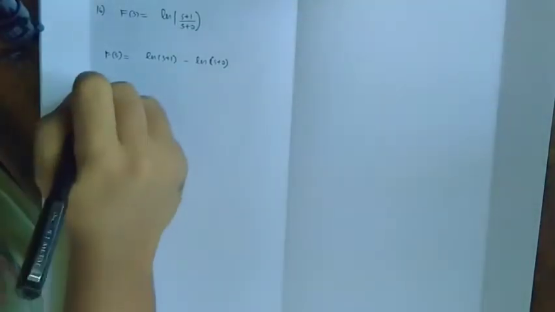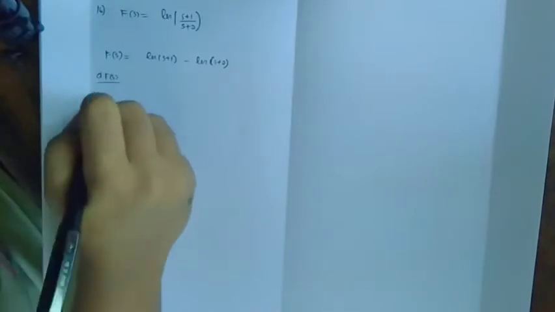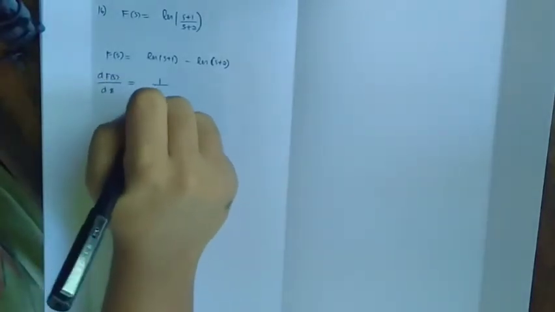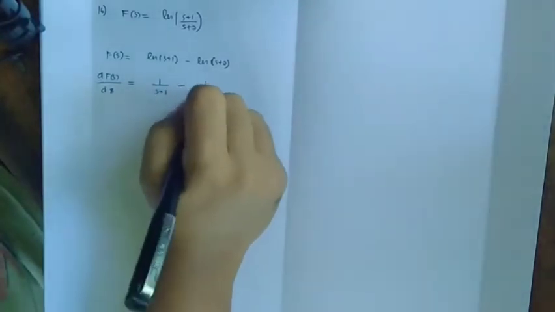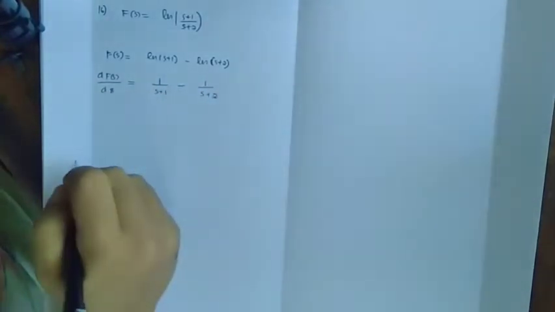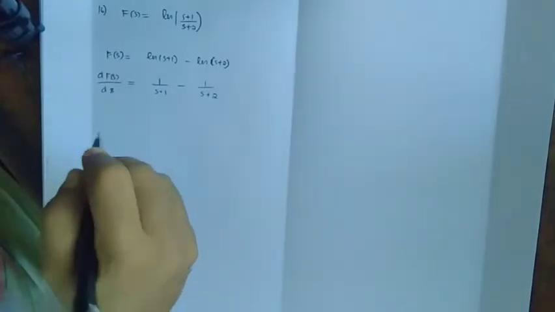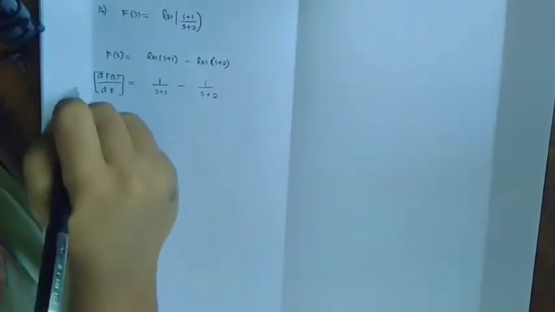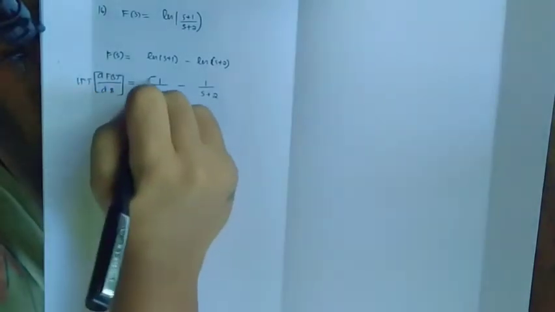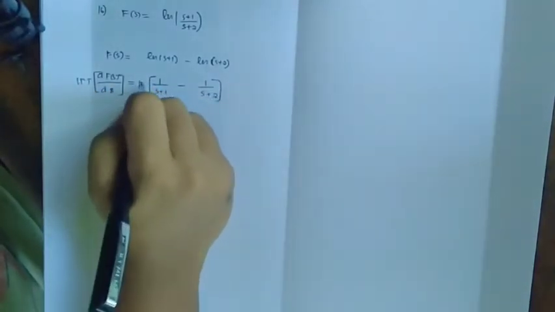To get it in solvable form, I am just going to differentiate both sides. So d f of s divided by ds equal to 1 divided by s plus 1 minus 1 divided by s plus 2. Now let us find the inverse Laplace transform of both sides.